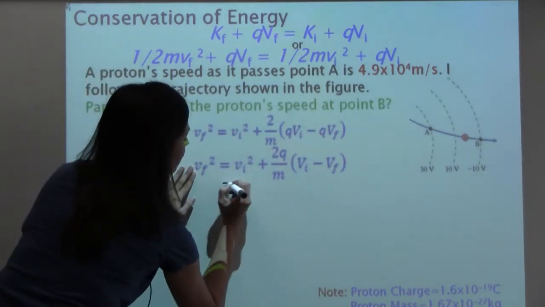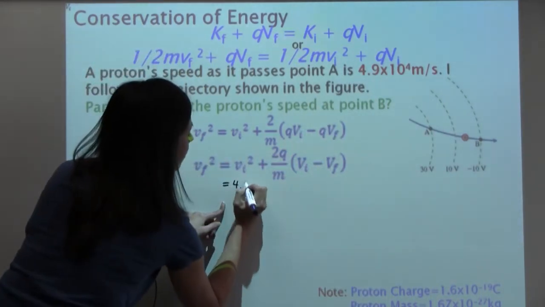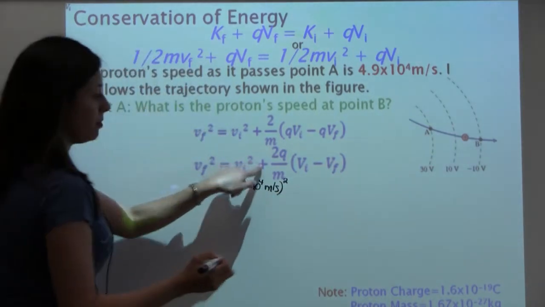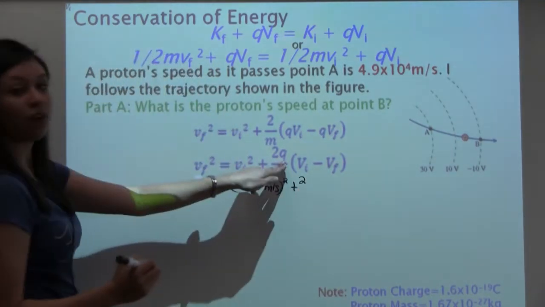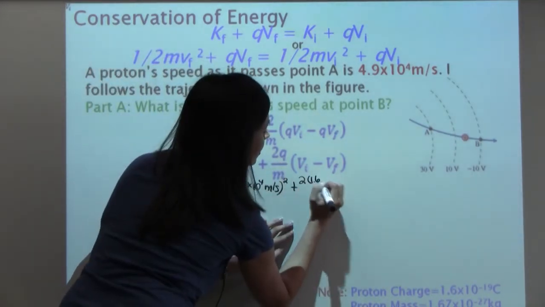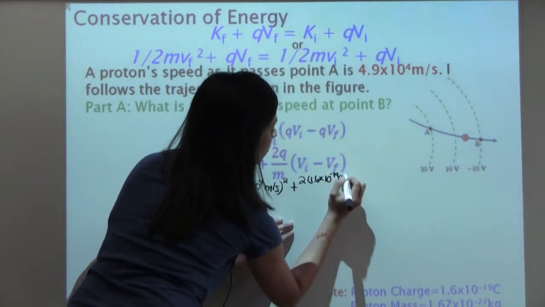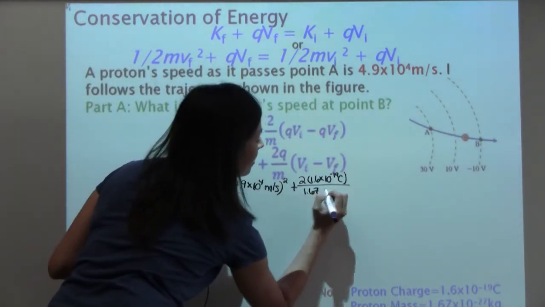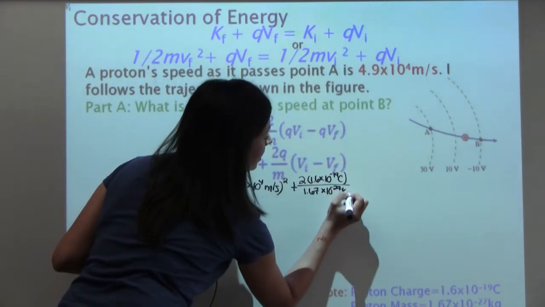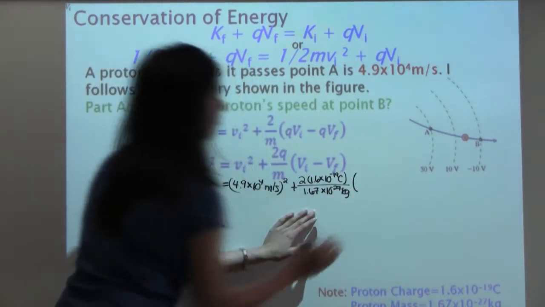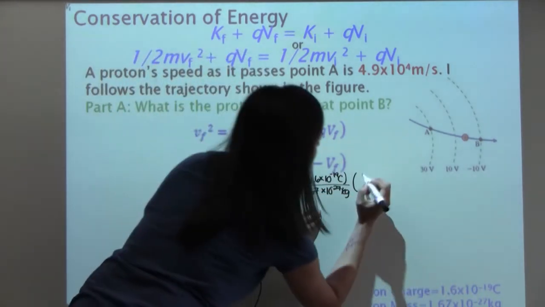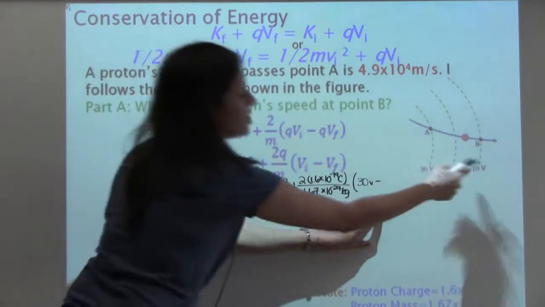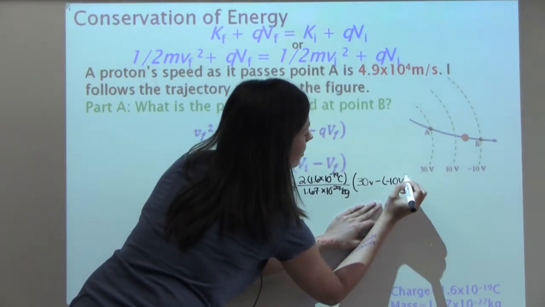We can say that this is equal to this 4.9 times 10 to the 4th meters per second squared, plus 2 times our charge of our proton, which will be 1.6 times 10 to the negative 19 coulombs, divided by the mass of our proton, which is 1.67 times 10 to the negative 27 kilograms, all multiplied by our initial, which is 30 V, minus the final, which is a negative 10 V.